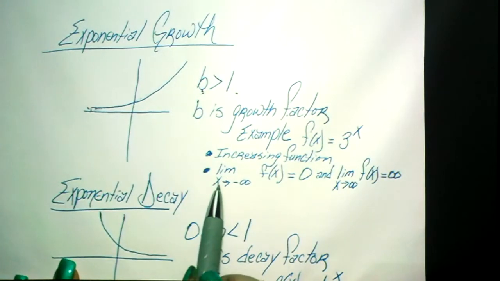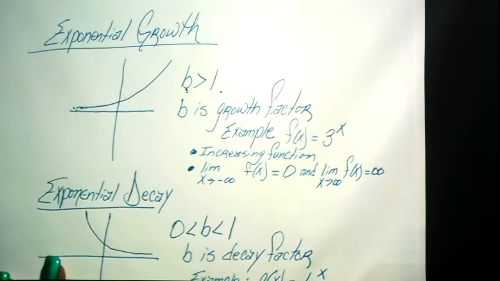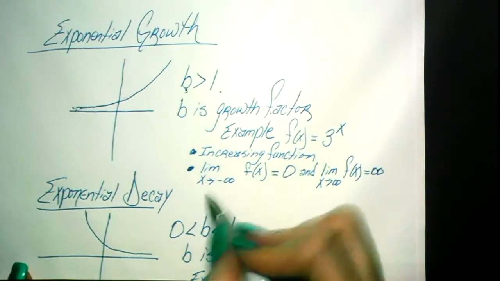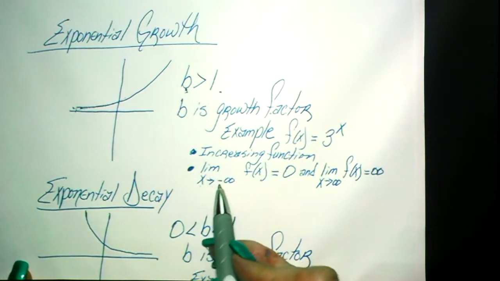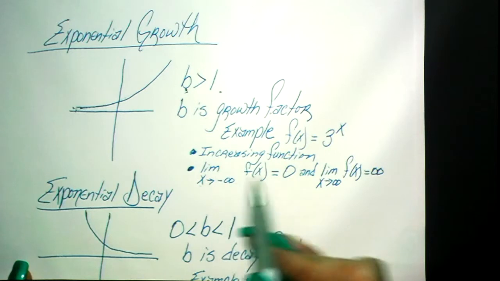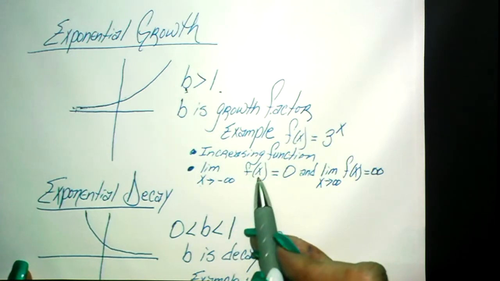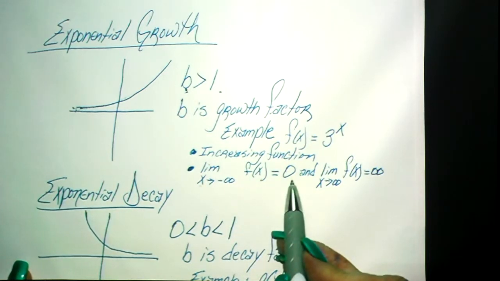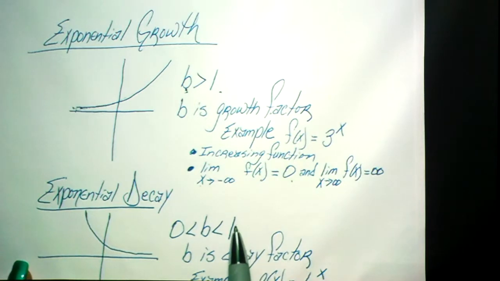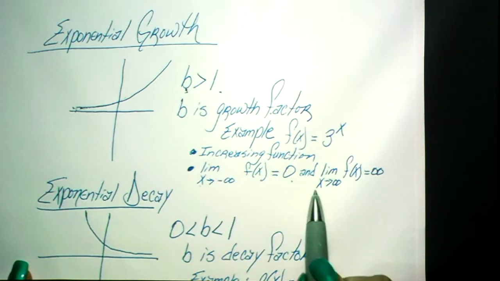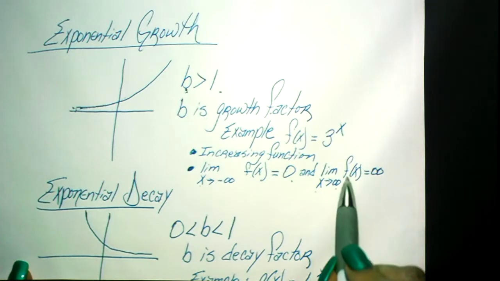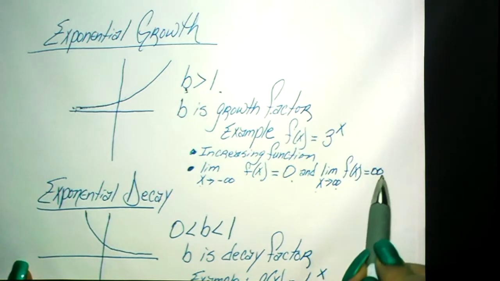So if we're going to describe our end behaviors using limit notation, this is what it looks like. Your limit as x approaches negative infinity of f of x equals 0, your x-axis. Okay? And your limit as x approaches positive infinity is f of x equals infinity.